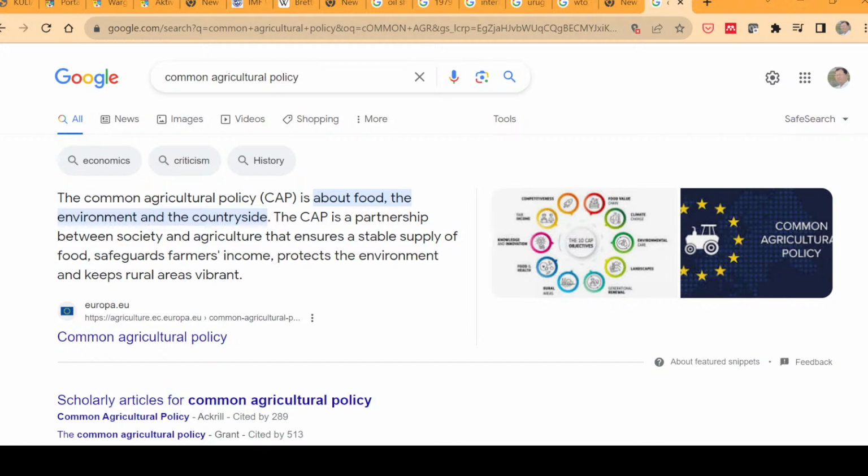So what is new? And service, number 1. Number 2, intellectual property rights.